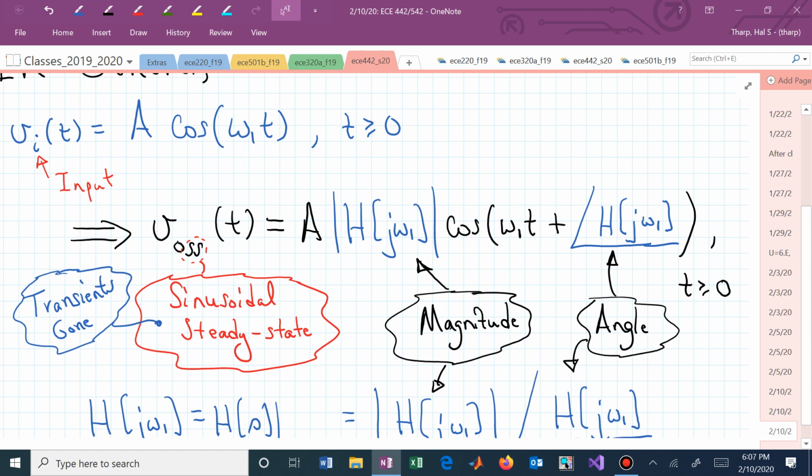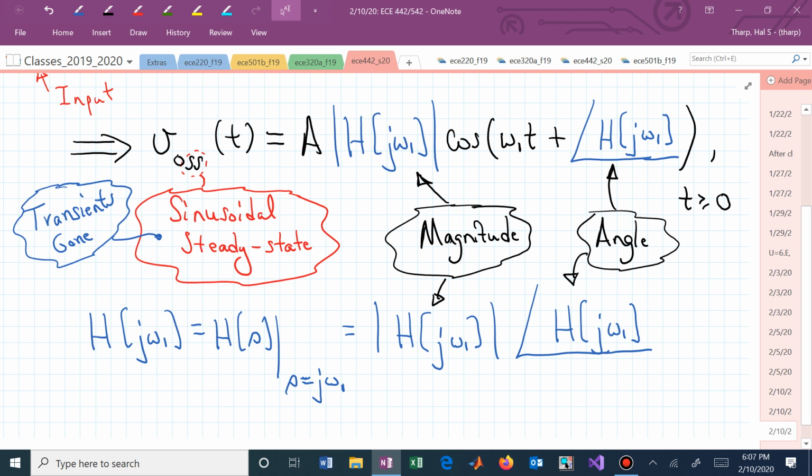We adjust the amplitude based on the magnitude of our transfer function at the frequency that we're shaking at, omega 1, and the phase, the peaks and valleys, are offset by the angle of that transfer function at j omega 1. And we know how to find those. We simply evaluate our transfer function at that location on the imaginary axis, j omega 1.